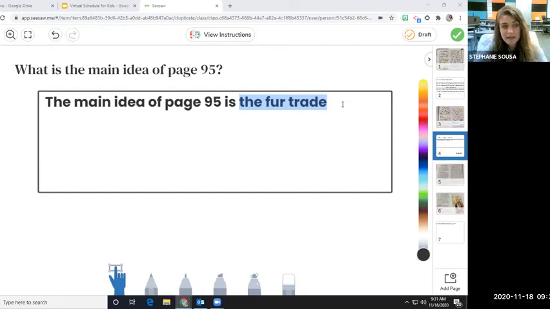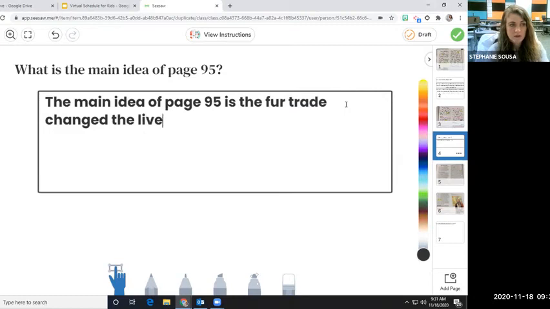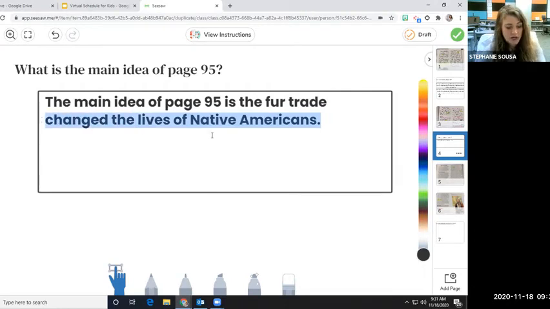So the main idea of page 95 is the fur trade changed the lives of Native Americans. And we talked about a lot of changes. We talked about their religion changing. We talked about their weapons changing.